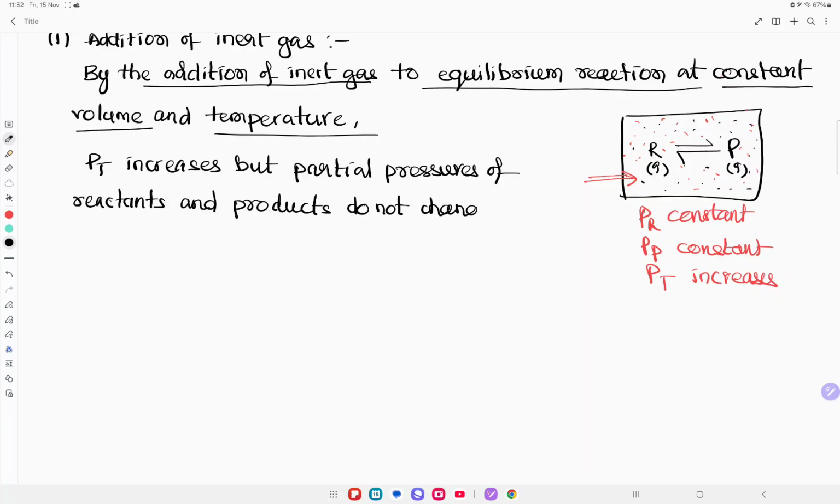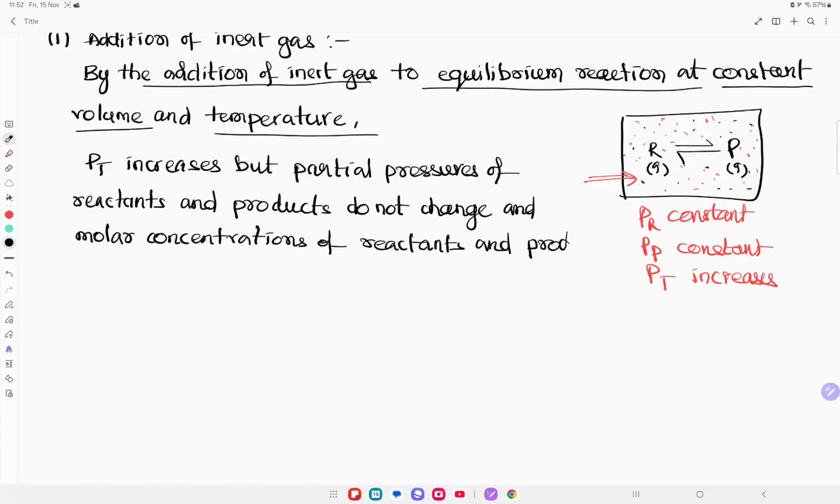Molar concentrations of reactants and products also do not change.